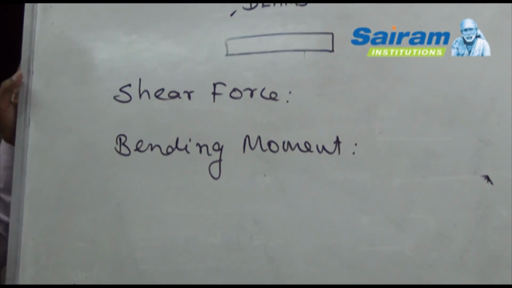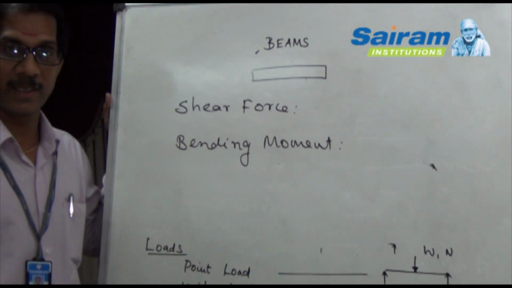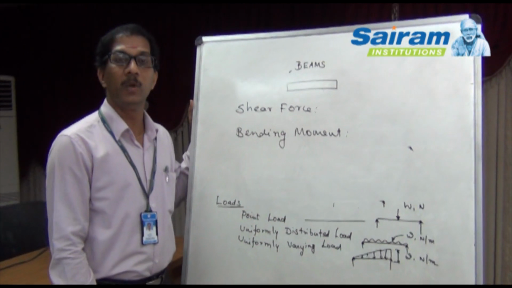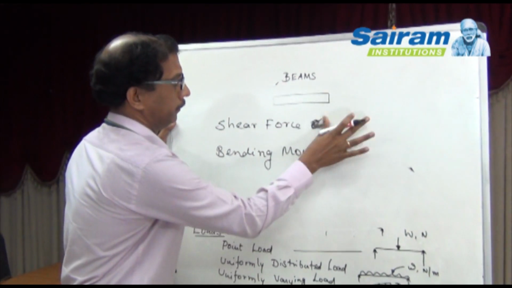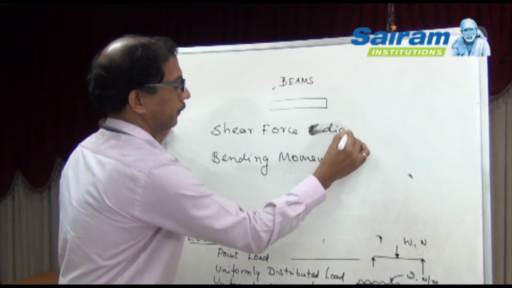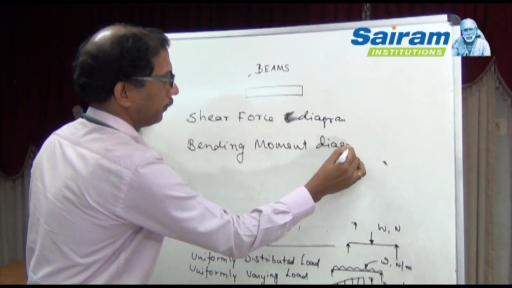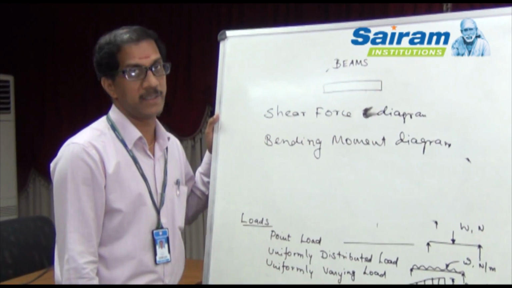And how do we construct the shear force diagram and bending moment diagram? The shear force diagram shows how the shear force varies along the length of the beam, and the bending moment diagram shows the variation of bending moment along the length of the beam.